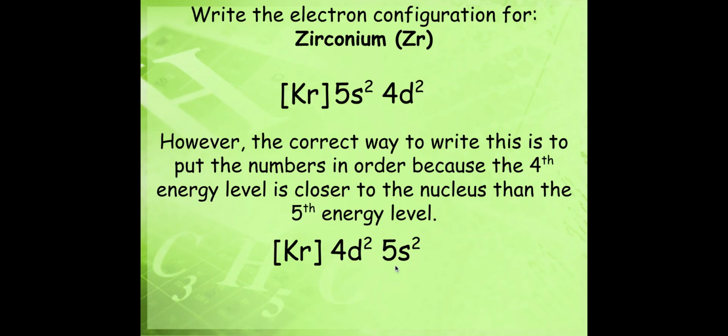Because the capacity of an s is only 2. And so when it has 2, we consider it full. The capacity of a d can go up to 10, but this one has only 2 in there. So it is not full. So I prefer to write it this way first. Even though the other is the proper way, for understanding, I want us to write it this way until you understand and know what you're doing.